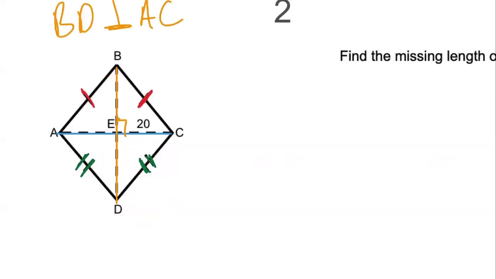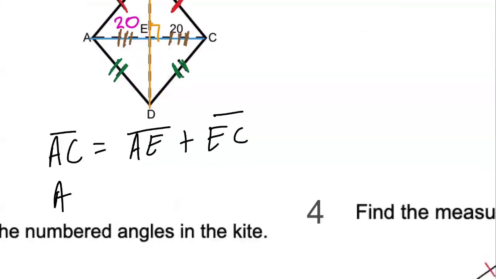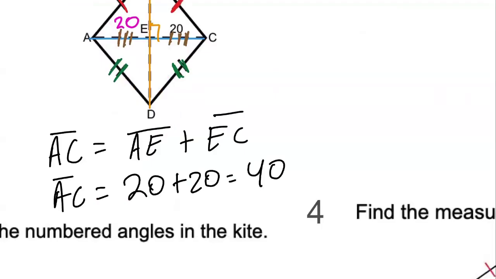Now, if that's the case, AE is congruent to EC. So that means if EC is 20, AE is also 20. And AC is the sum of AE plus EC, which makes AC 40.